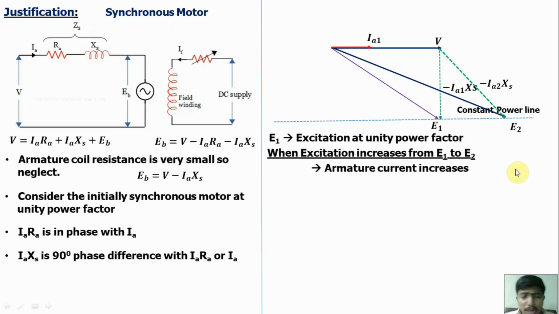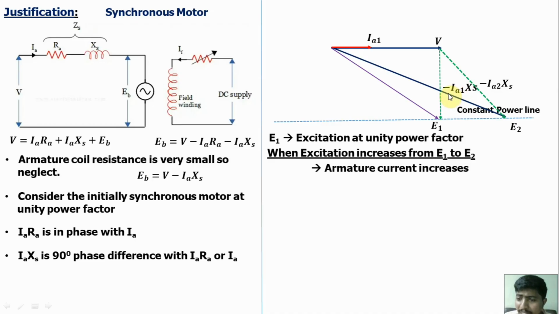Now, what will be the effect on power factor? We know that the phase difference between Ia1Xs and Ia1 is 90 degrees. Always the phase angle difference between Ia and IaXs is 90 degrees.